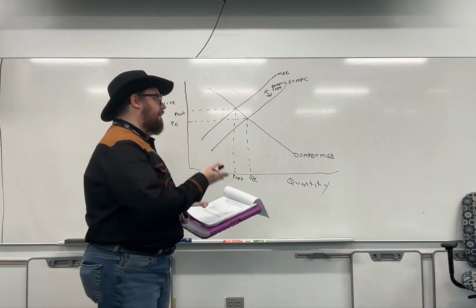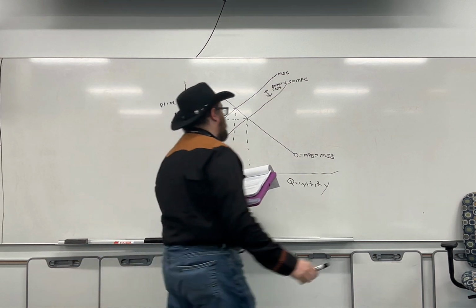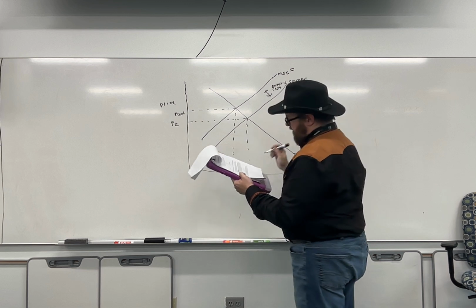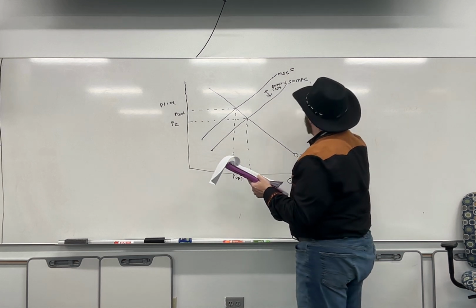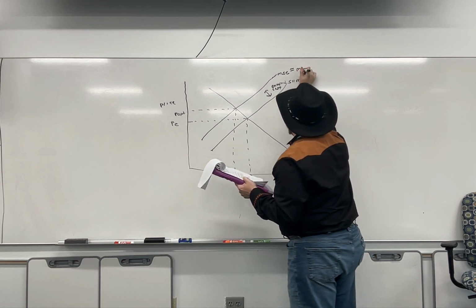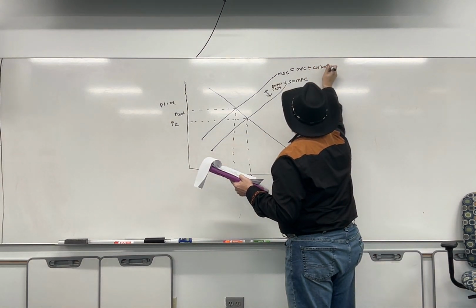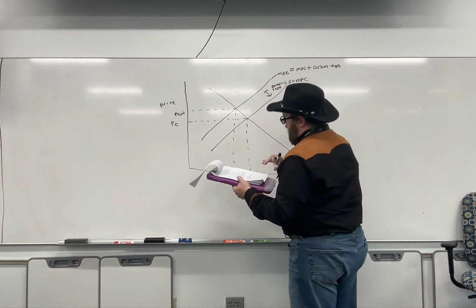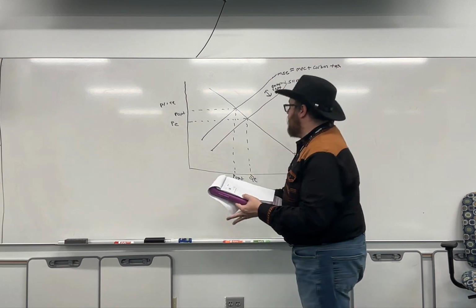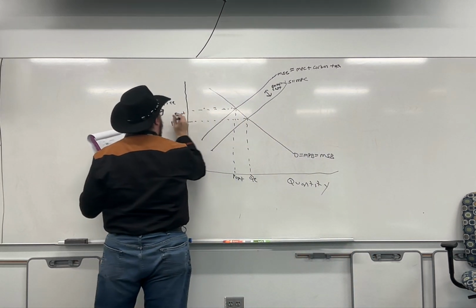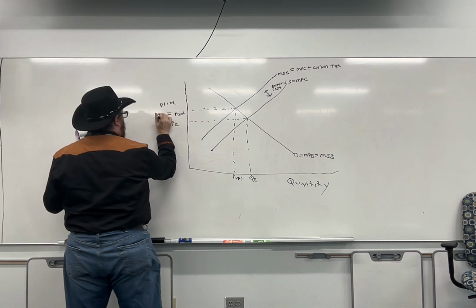If we are going to draw a government response here, we could just do MSC equals MPC plus carbon tax. And how that would look right here, this would be P opt equals PC.